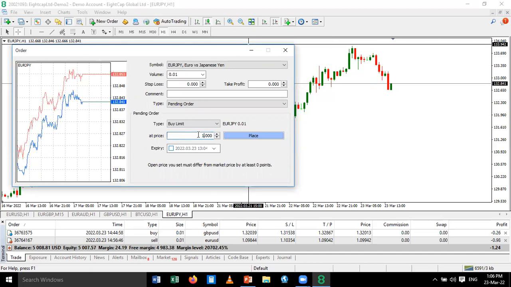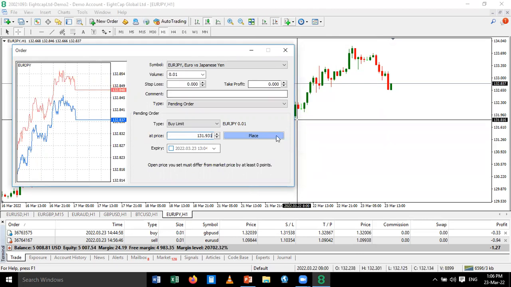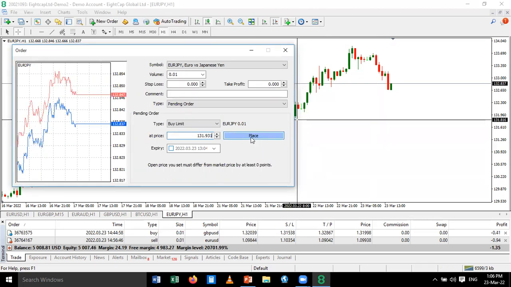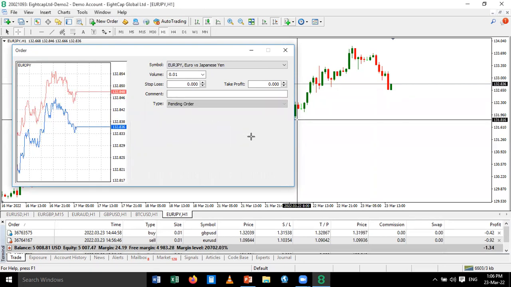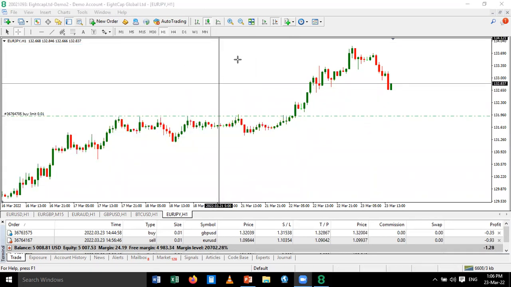I put down 131.931. Then I click on place. The pending order has been executed. How do you know it's been placed? You can see here you have buy limit.